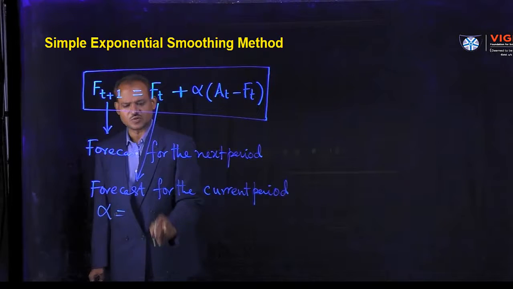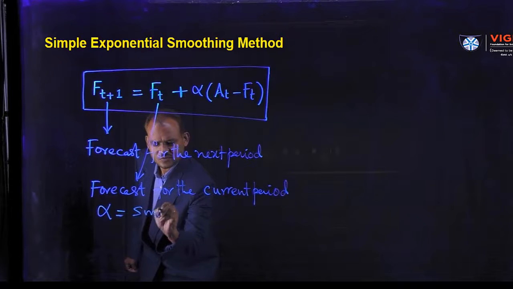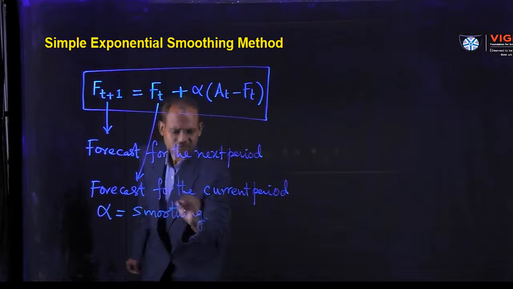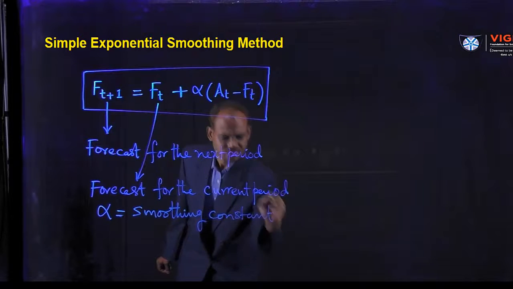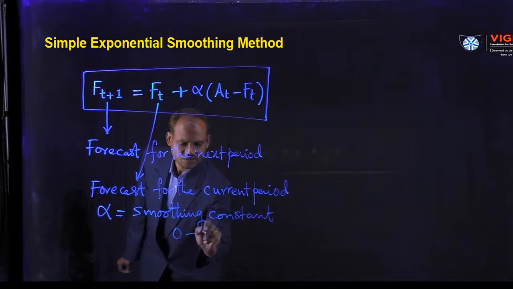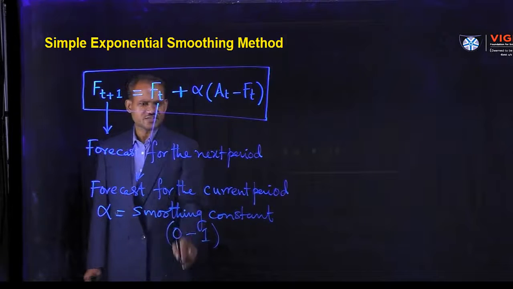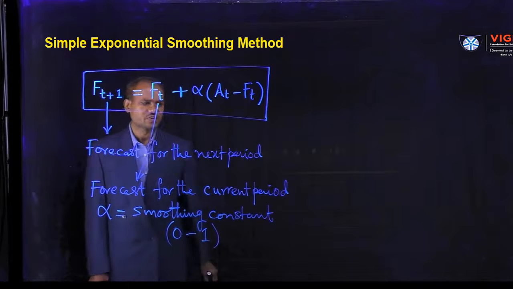Alpha is equal to smoothing constant, the exponential smoothing constant. This value varies between 0 and 1. Minimum range is 0, maximum range is 1. Known as exponential smoothing constant.